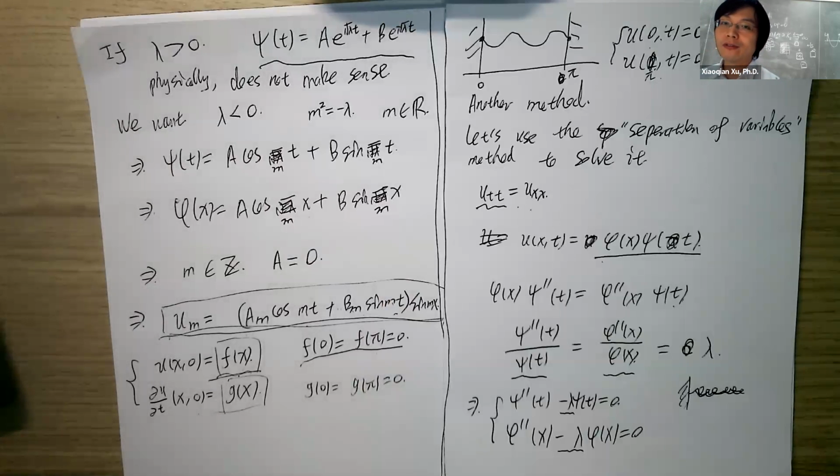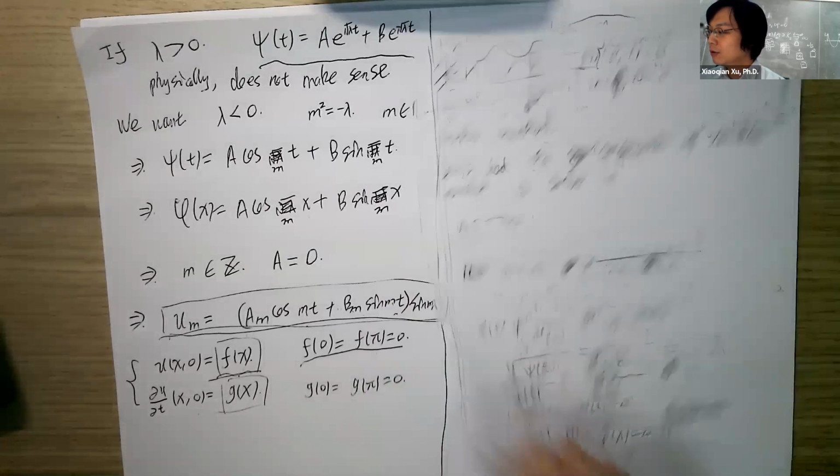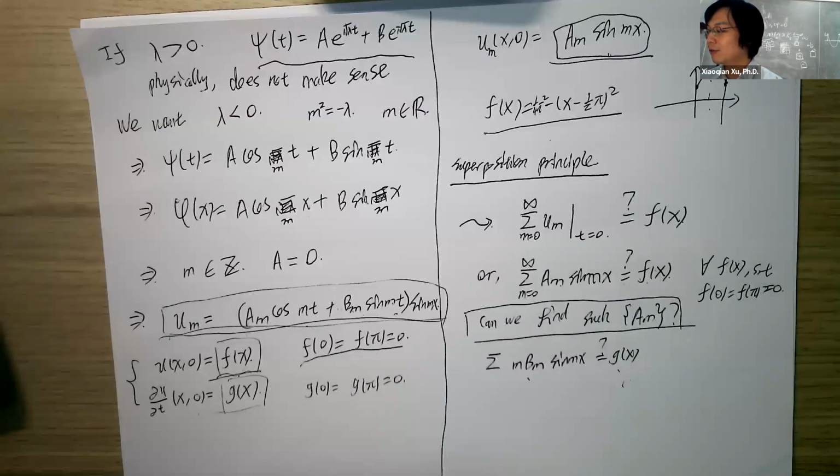After D'Alembert found these solutions, Bernoulli suggested that, for the physical problem, maybe we can try this way to find a general solution. However, he was not able to convince Euler that any function can be written in this form, like a power series. He could not convince Euler.